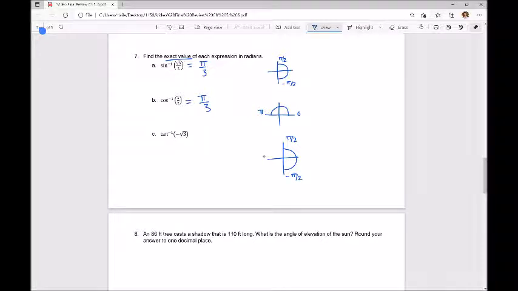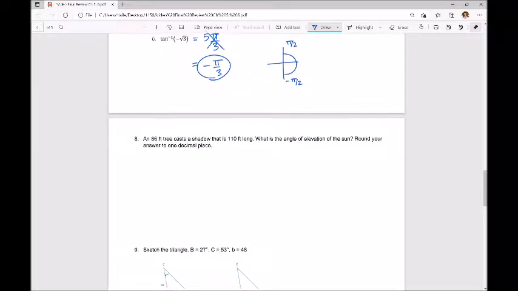So this angle must be something with a denominator of 3. You might think that we want to say 5 pi over 3. That's normally what we would say, but in the case of evaluating these functions, we want to make sure that we stay between negative pi over 2 and pi over 2. A way to rename 5 pi over 3 so that it falls into that range is negative pi over 3. So for this one, this is actually the answer that we would want, not the 5 pi over 3.